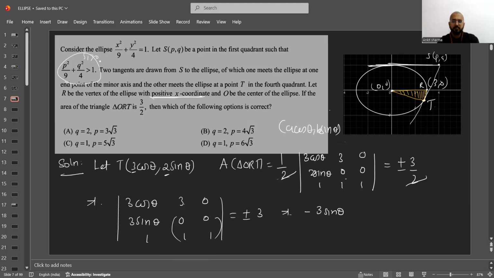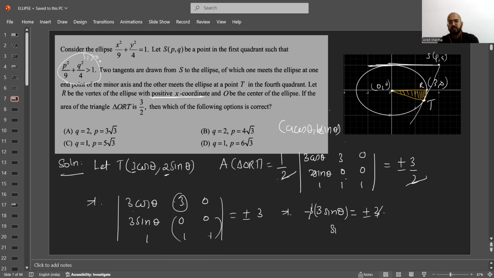Minus 3 times 3 sine theta. Then yes, that's 0. This is equal to 0 minus 3 into 3 sine theta, and then the rest is 0. So this is going to give me plus minus 3. So one of them gets cancelled.